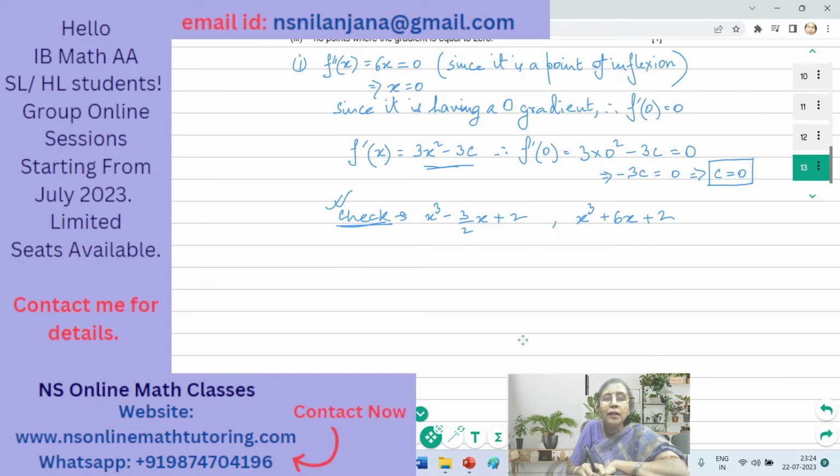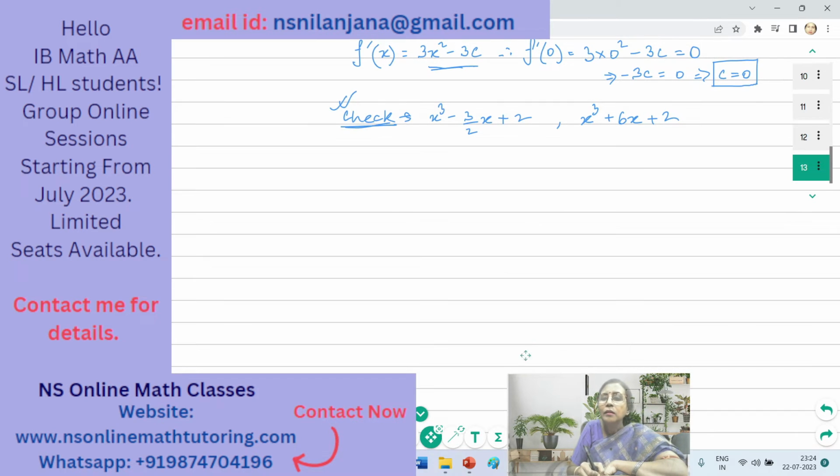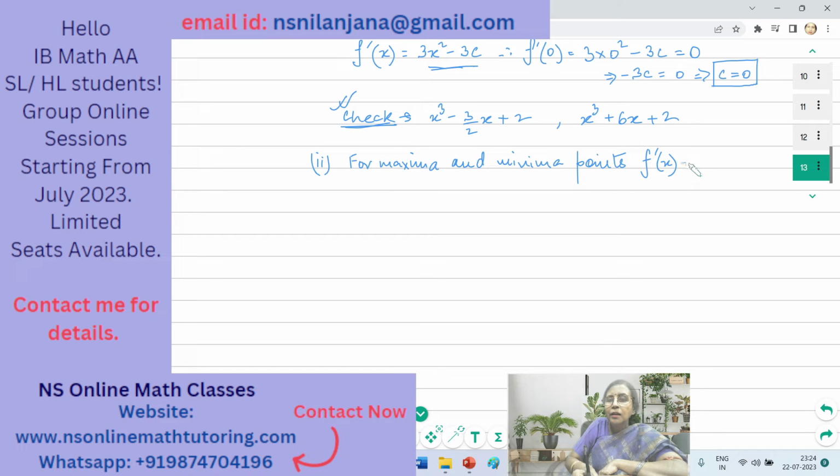So for stationary points, maxima, f dash x is equal to 0, and the expression is 3x square minus 3c.